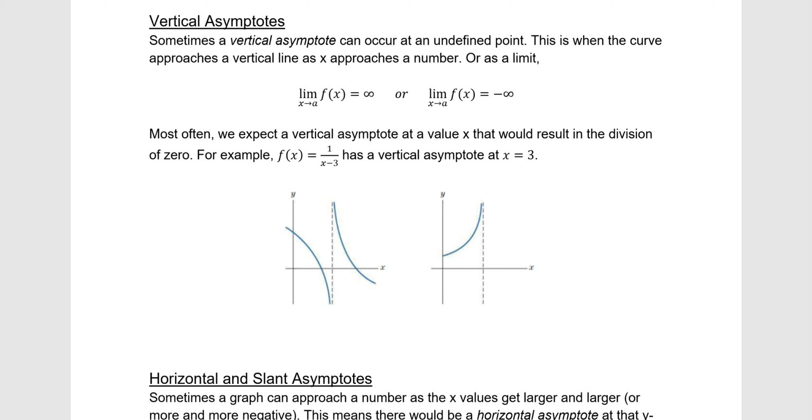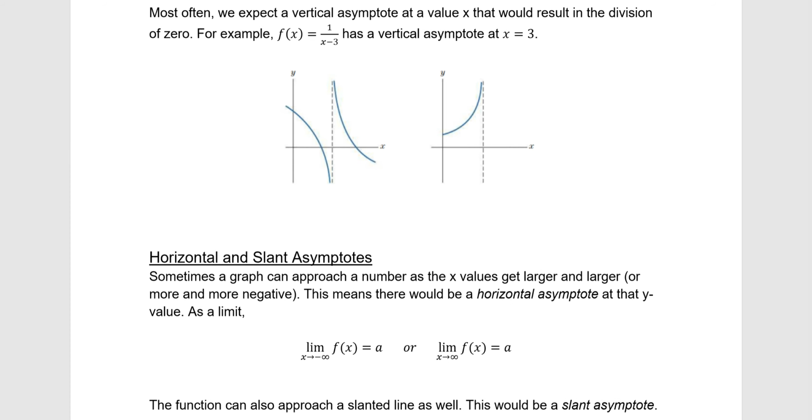A vertical asymptote is going to be when the curve approaches a vertical line as x approaches a certain number. So we can write this as a limit. It would be the limit of f of x as x approaches a is going to equal infinity, or it's going to equal negative infinity. If that's the case, that means there's a vertical asymptote at x equals whatever a is.